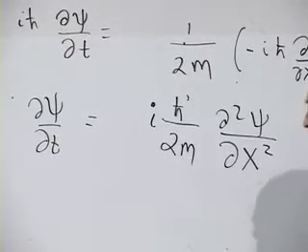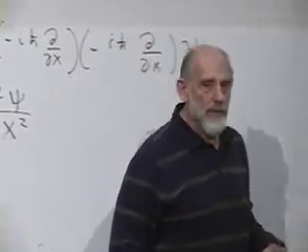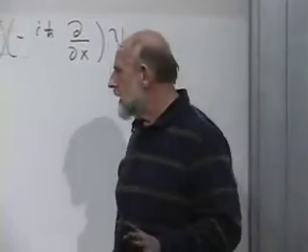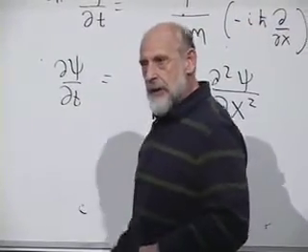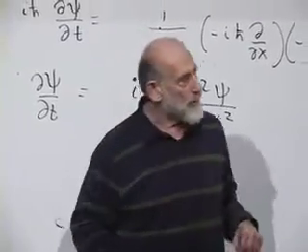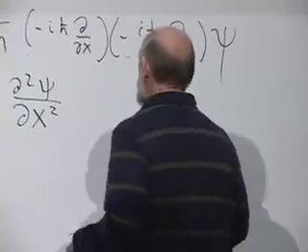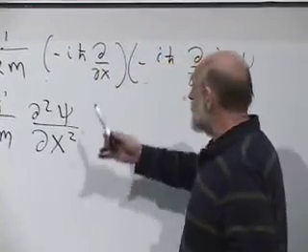Right? For a free particle on a line with no forces on it, and we'll come to forces next time, this tells us how the wave function changes with time. The basic principles are exactly the same as for the polarization. The Hamiltonian has to be a Hermitian operator. Incidentally, you might ask, how do I know the Hamiltonian is a Hermitian operator?